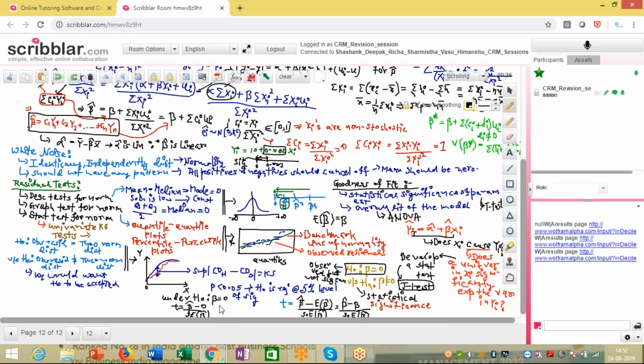Now, the higher the value of the test statistic, the lower would be the probability of committing a type 1 error by considering the distance as significant.